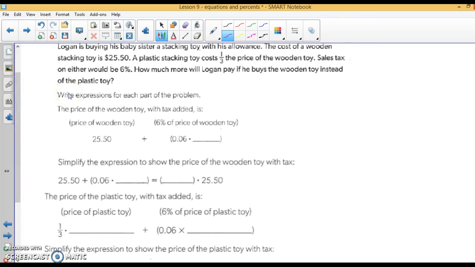All right, so the price of the wooden toy with tax added is $25.50 plus 6%, which is 0.06 times $25.50. You get $27.03.